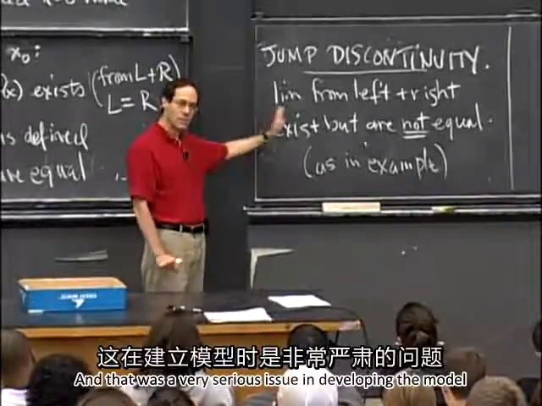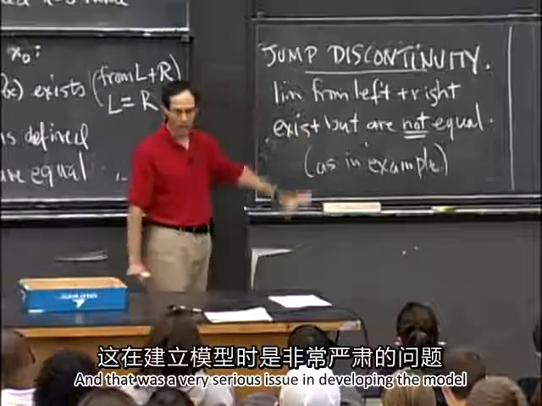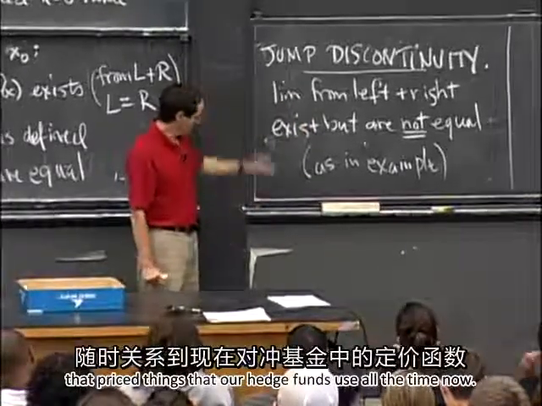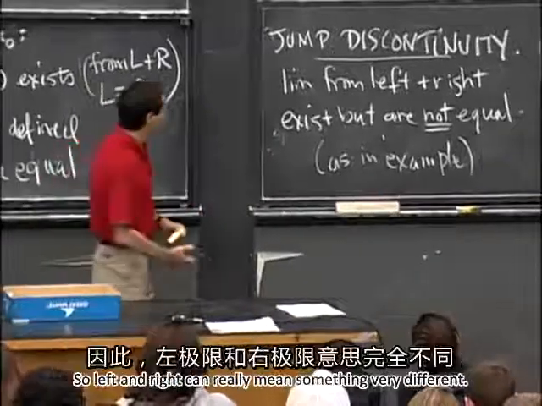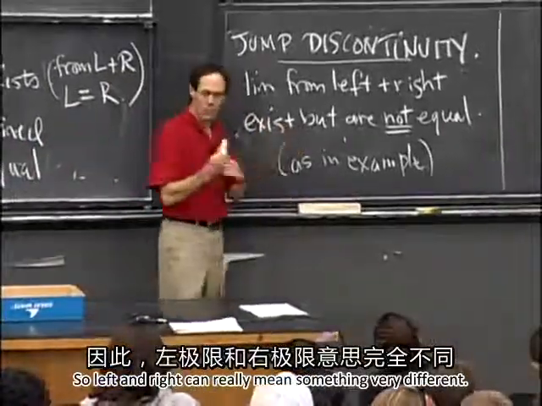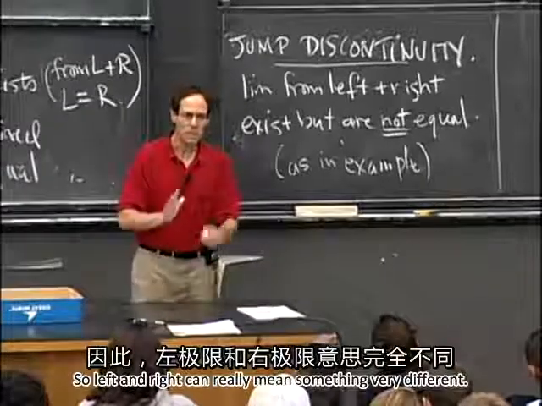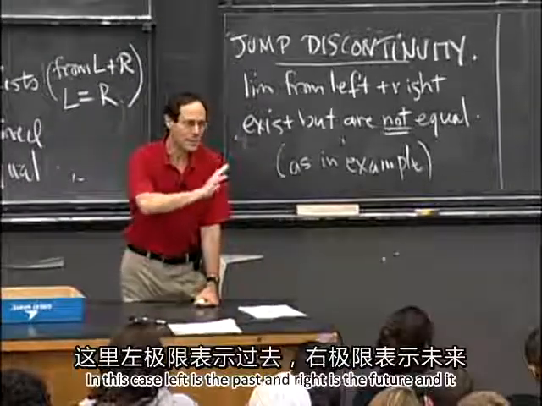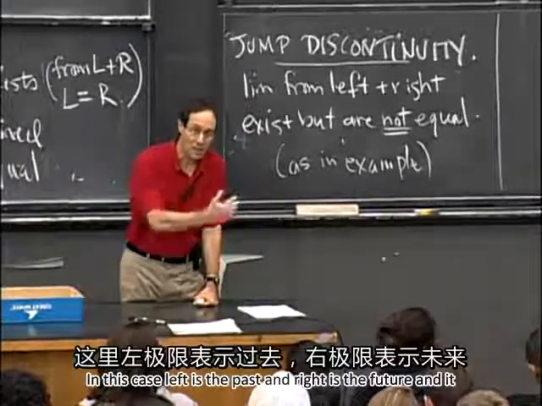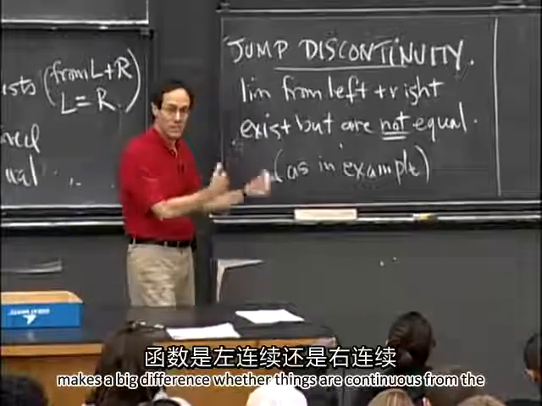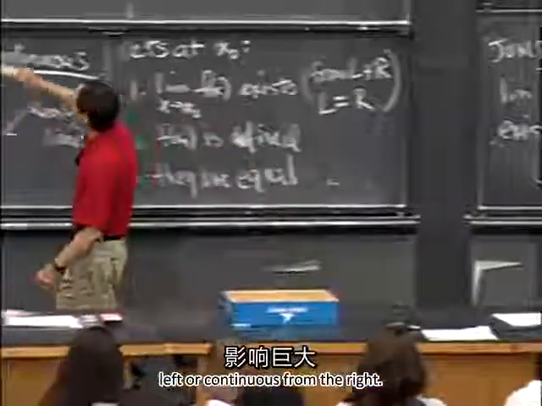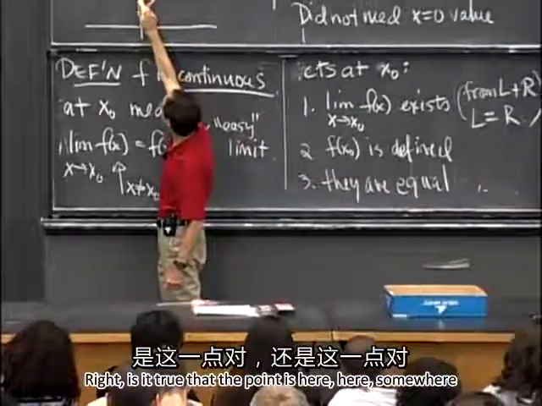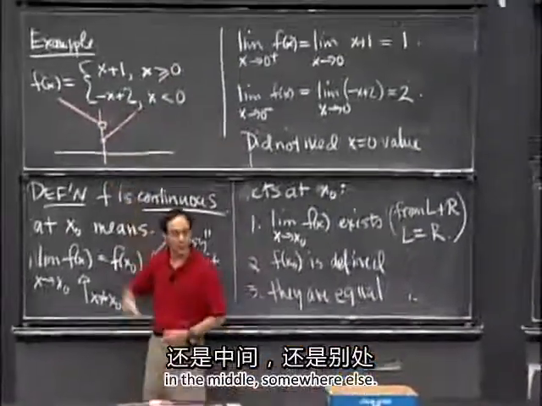And that was a very serious issue in developing the model that priced things that our hedge funds use all the time now. So left and right really can mean something very different. In this case, left is the past and right is the future. And it makes a big difference whether things are continuous from the left or continuous from the right. Right, is it true that the point is here, somewhere in the middle, somewhere else?